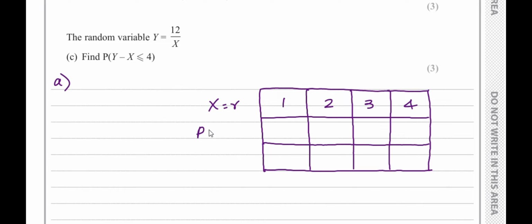The question also tells us that probability of X being equal to r is also equal to r plus 2 for the cases of 1 and 2, but not for 3 and 4, mind you. So for here, we can say X equal to r plus 2 means 1 plus 2 is 3, 2 plus 2 is 4, and this 3 will remain as 3, and 4 will remain as 4. And the question also tells us something.